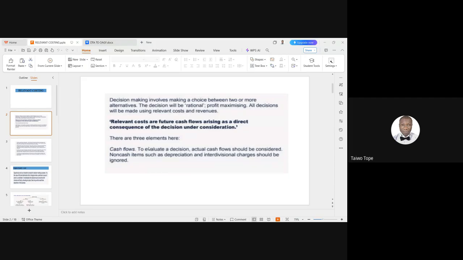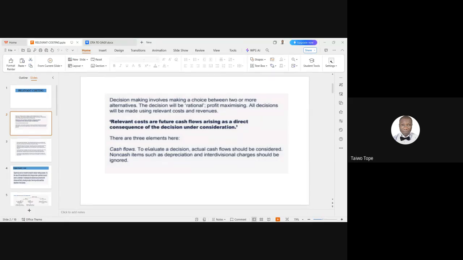Relevant costs exclude sunk costs, and those costs that remain irrespective of the decision that will be made. Those are fixed costs. So fixed costs are not relevant costs.